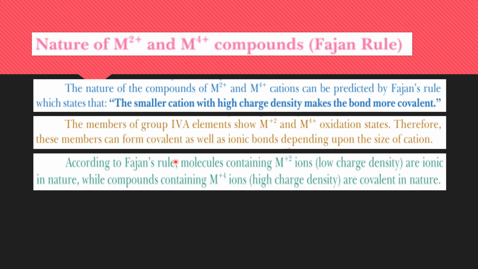According to Fajan's rule, molecules containing +2 ions, with the +2 oxidation state, have low charge density, so they will behave as ionic in nature. But the compounds in which they show the +4 oxidation state have high charge density, their size becomes smaller compared to the M+2 cations, so they will show covalent behavior.